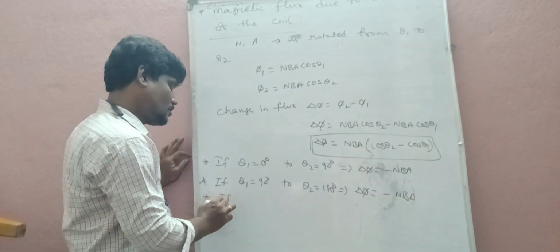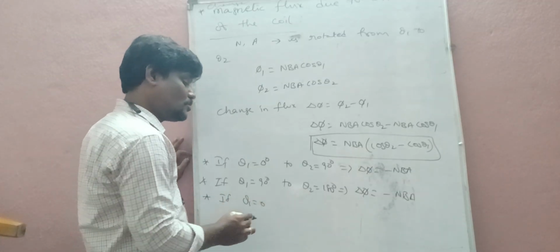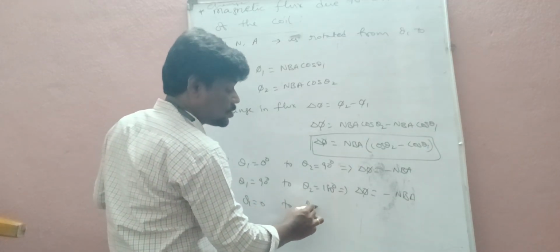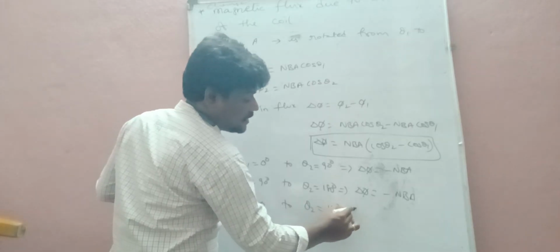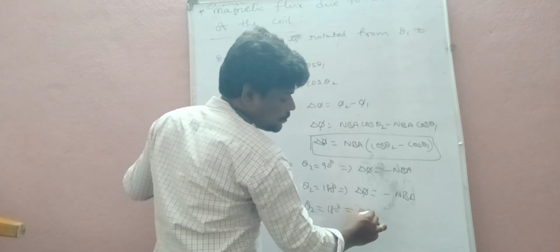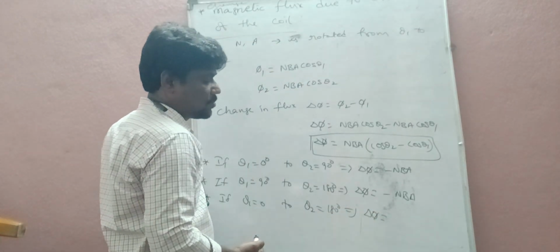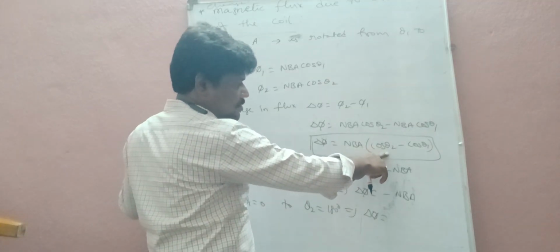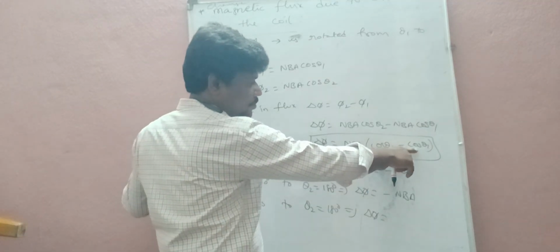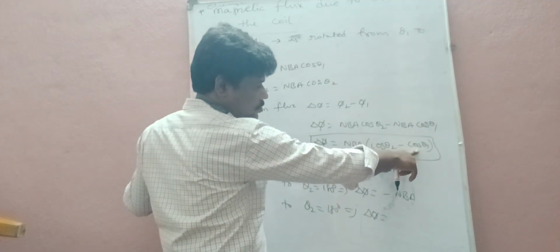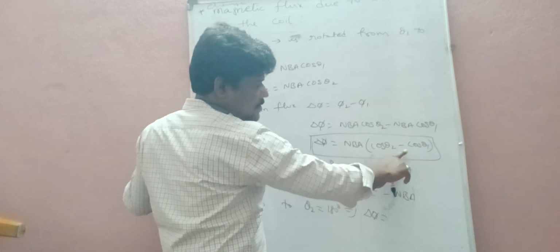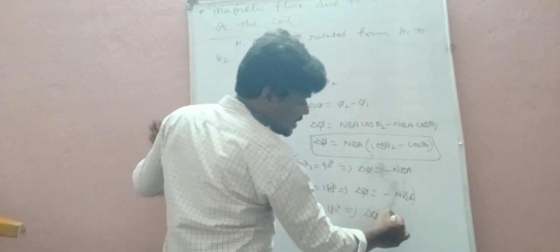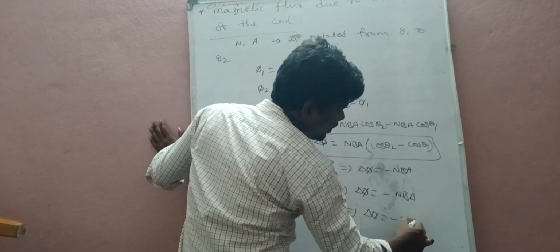If theta 1 is equal to 0 and theta 2 equal to 180 degrees, then what is the change in magnetic flux? Delta phi equal to cos theta 2 minus cos theta 1. Here cos 0 is 1, minus 1 minus 1 is minus 2, that is minus 2 NBA.